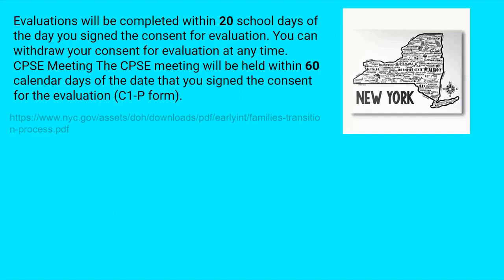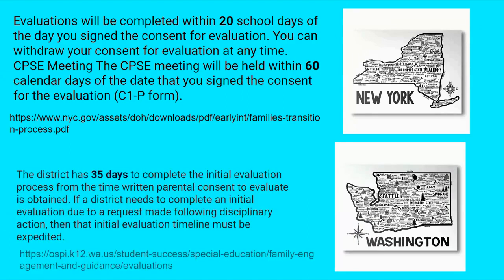Now, in New York, evaluations will be completed within 20 school days of the day you sign the consent for evaluation. The meeting will be held within 60 calendar days of the date that you sign the consent for evaluation. But in Washington State, the district has 35 days to complete the initial evaluation process from the time written parental consent to evaluate is obtained.